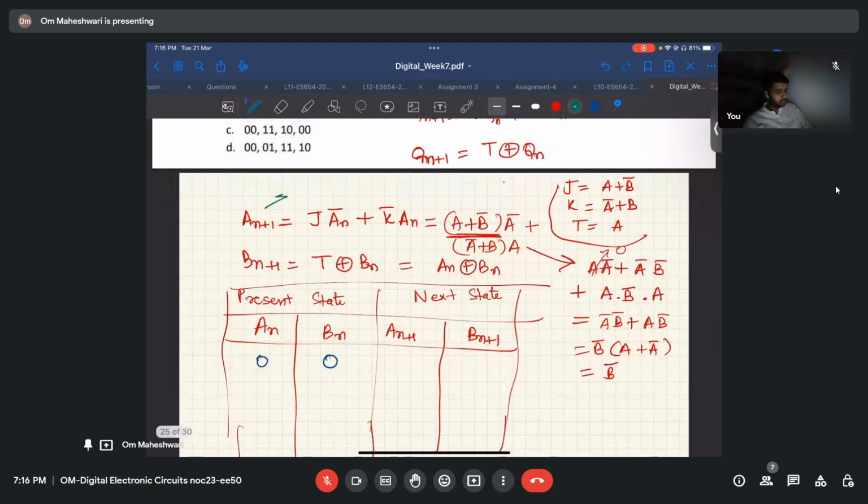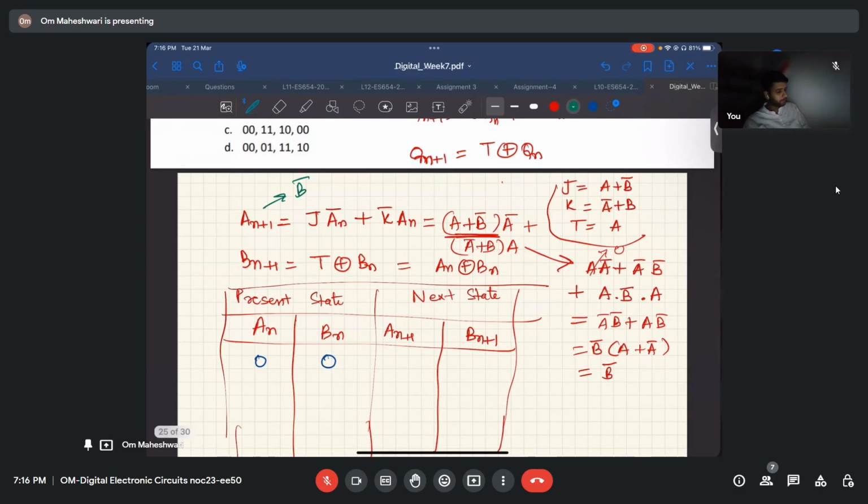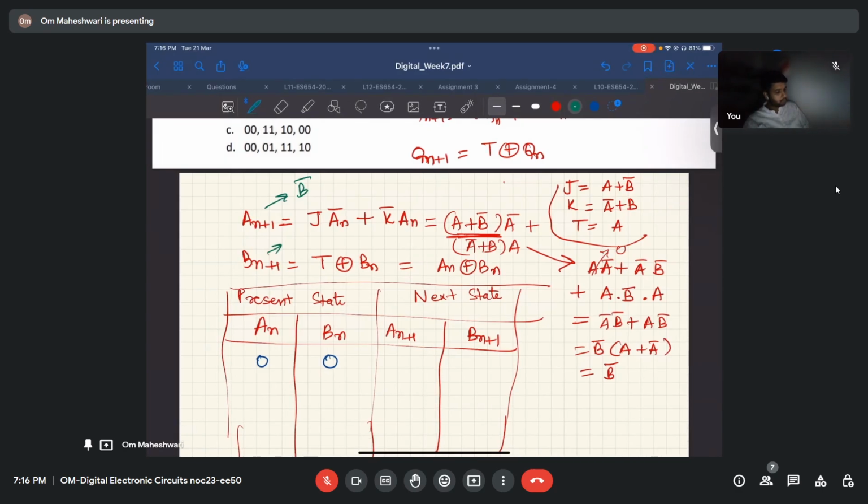So a n plus 1 is b bar, and bn is a n XOR with bn.